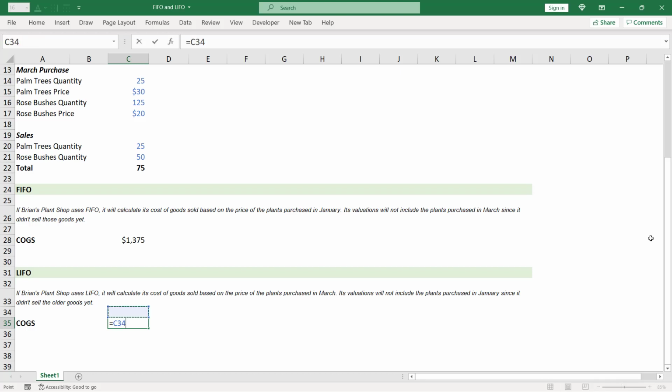So the formula here is rose bushes quantity sold multiplied by rose bushes price in March plus palm trees quantity sold multiplied by palm trees price in March. And it will give me $1,750. In the LIFO outcome, the cost of inventory is higher, which results in lower profits but less taxable income.